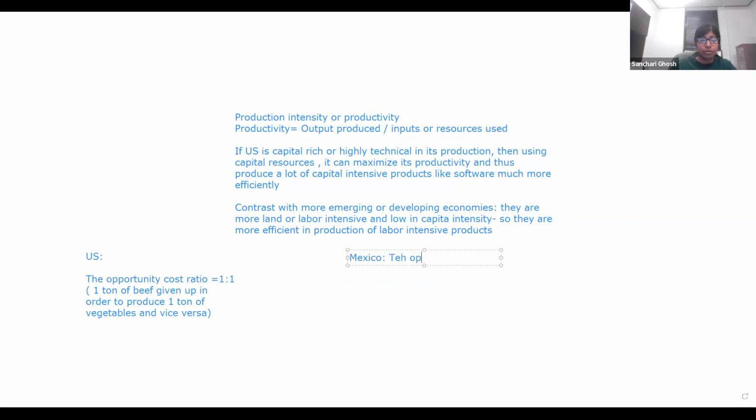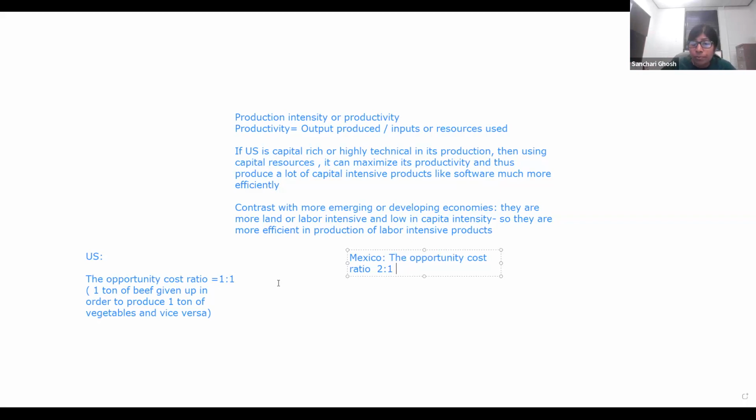Now remember, Mexico could make 20 tons of vegetables and only make 10 tons of beef. So if it gives up 10 tons, it gets 20 tons of vegetables. So Mexico's is 2:1. The US could make 1 unit of beef and only give up 1 unit of vegetable, while Mexico has to give up 2 units of vegetables in order to get that 1 unit of beef.